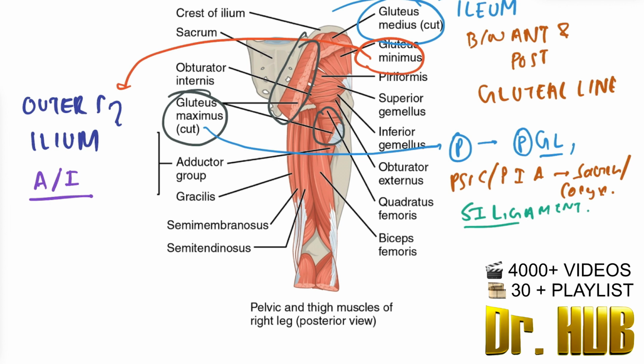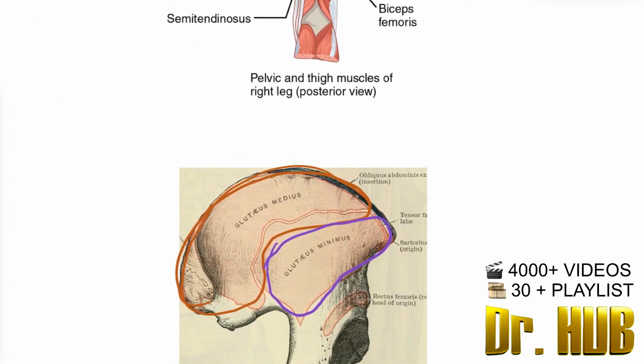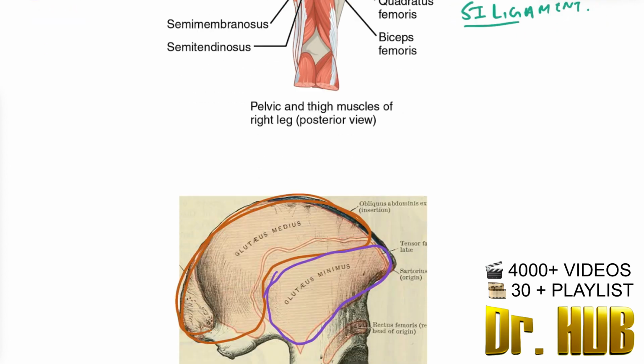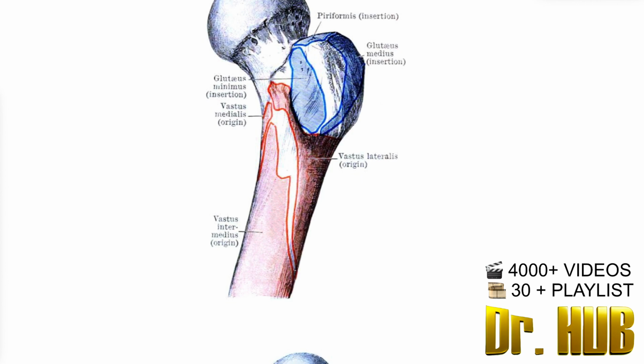Now let's look at the diagram, the insertion. Where are all these muscles inserted? We look at the gluteus medius. The gluteus medius is inserted in the oblique ridge on the lateral surface of the greater trochanter.